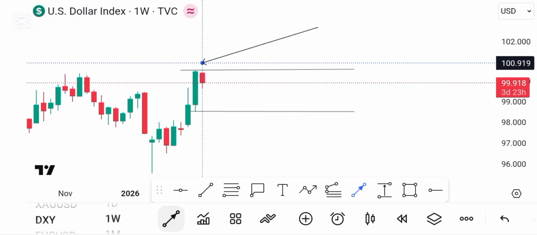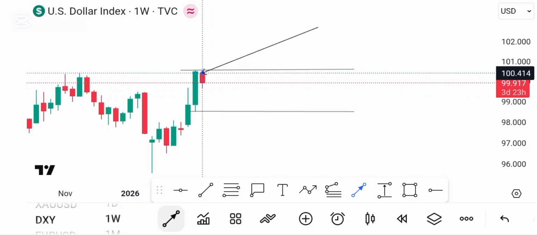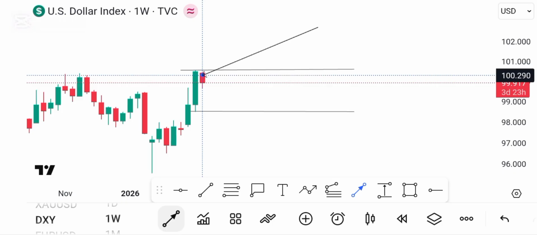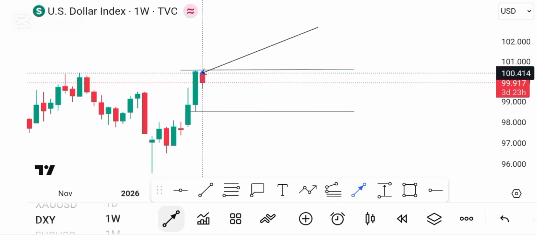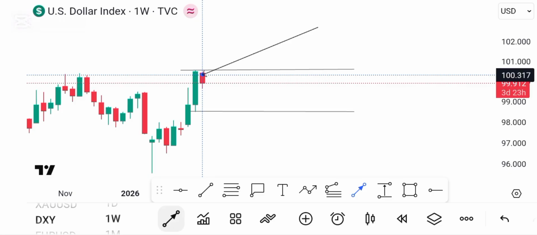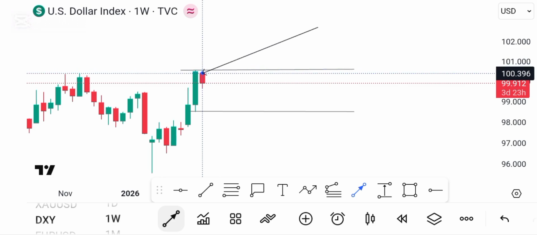Remember, the chart is currently on a weekly time frame, and this red candle in front represents this current week. Today is Tuesday, and I'm recording this video at 2 a.m.